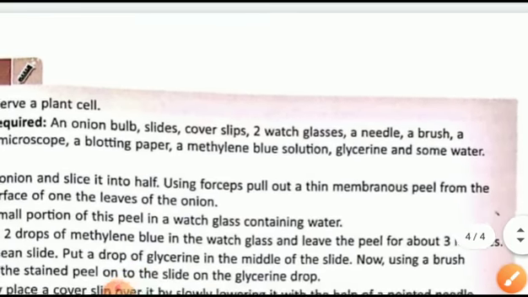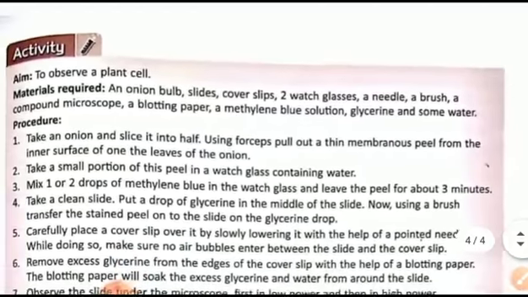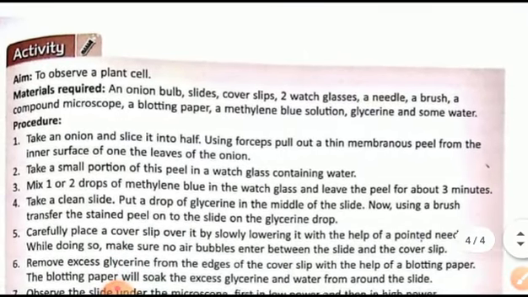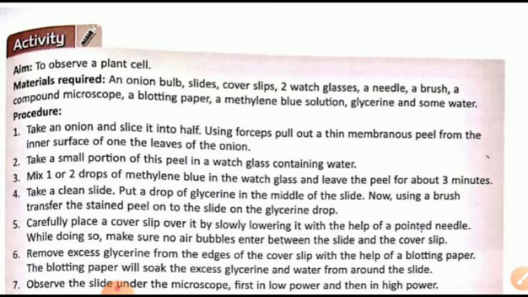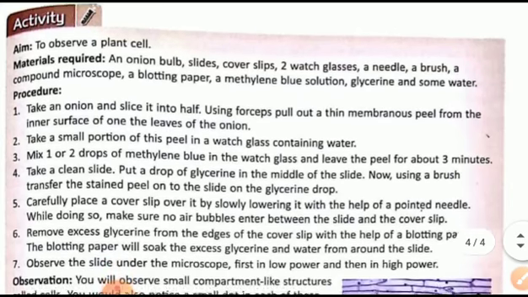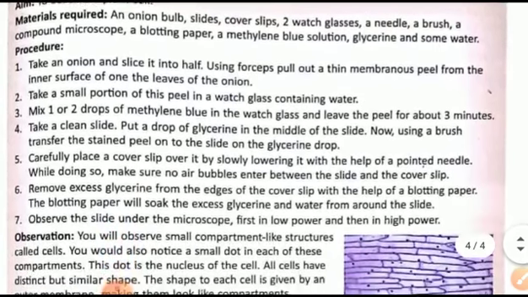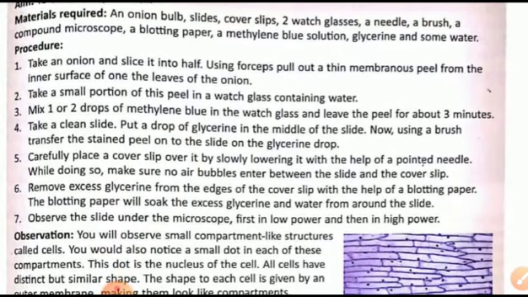Here an activity is given on plant cells. You will take an onion bulb, slides, cover slips, two watch glasses, a needle, a brush, a compound microscope, blotting paper, methylene blue solution, glycerine, and some water.